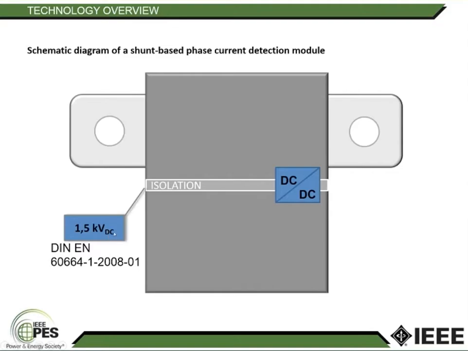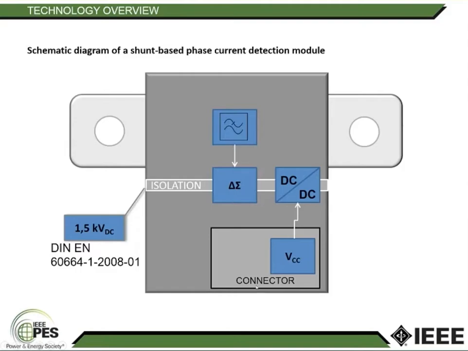This isolation, as mentioned before, is in our example here up to 1.5 kilovolt DC, which is the highest rating according to DIN EN 60664-1:2008-01. We have a transformer here, a DC-DC transformer to provide power to the high side. And then we have another low-pass filter directly here at the sensing location, again, to reduce interference, which puts the still analog voltage drop signal right here into the delta sigma converter.